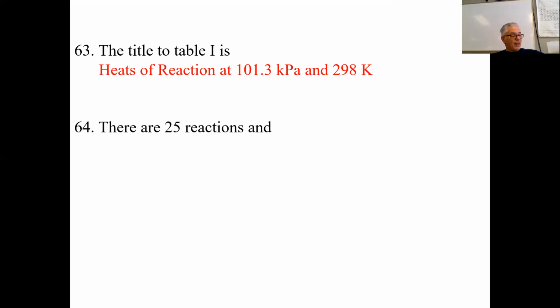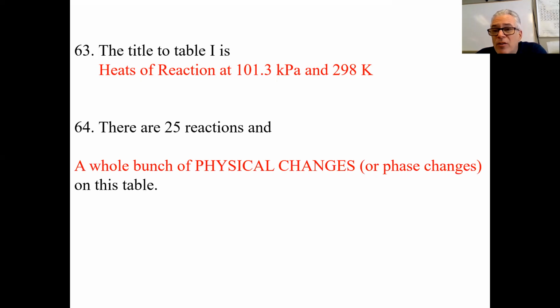Now, on this, there's 25 chemical reactions and also a whole bunch of physical changes. Now let's look. From the top down to here are chemical reactions, but starting with KNO3, the rest of the way, that's just when solid salts go into water and become aqueous.